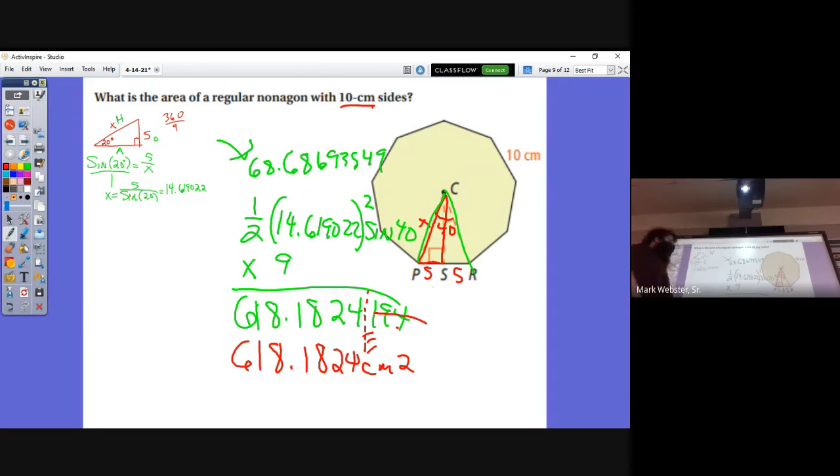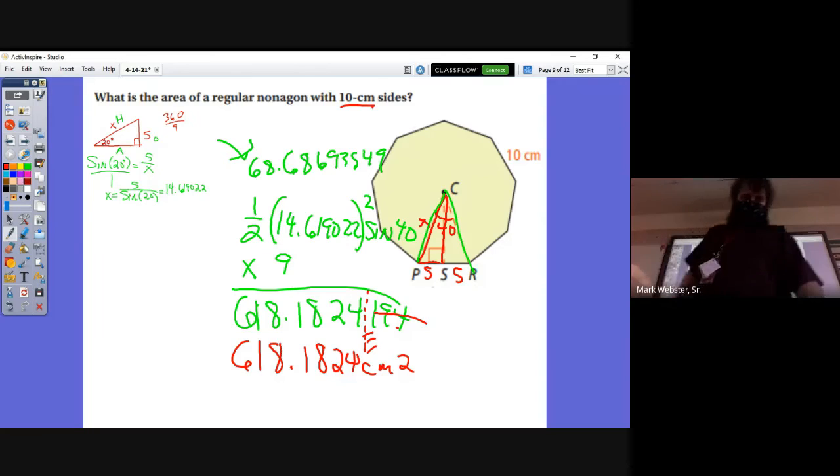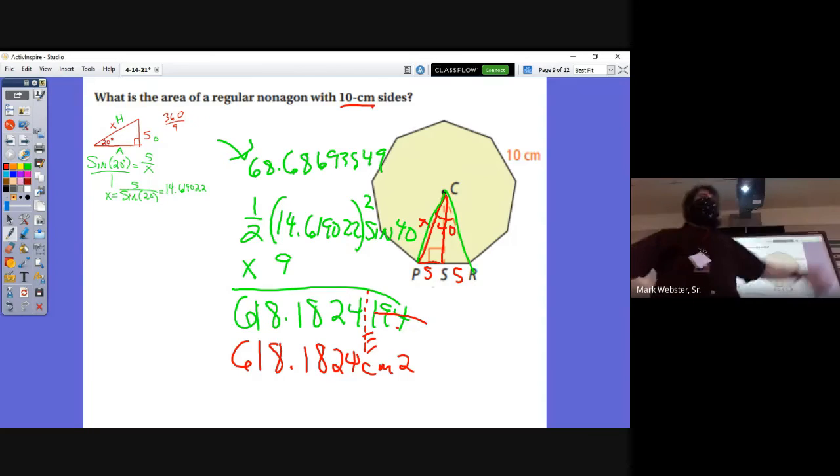All right, so to review, let's go over this. Let's talk about sort of the general process, right? If you can do what we have here, then you have no problems at all. Thing number 1, identify, do you have the radius or not? If you do have the radius, yes, just go straight on.